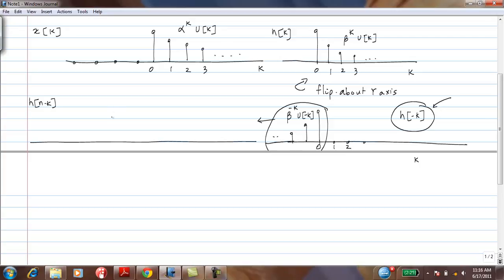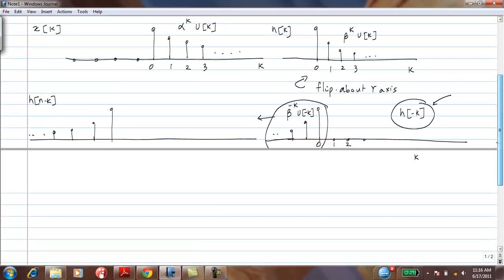So I may end up with a signal like this. For example, if I shift it by 2 units to the left, I will end up with a signal like this. And when I form this intermediate signal w_n of k, which is the product of x of k and h of n minus k, now the important thing to note when you perform convolution is this.